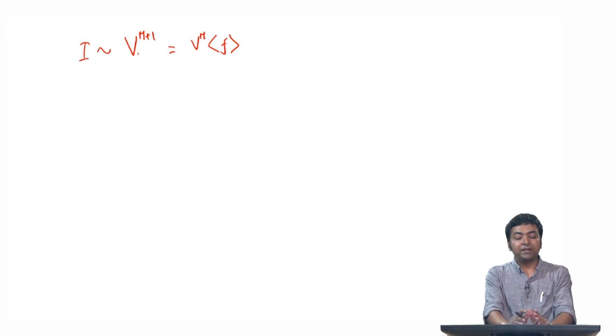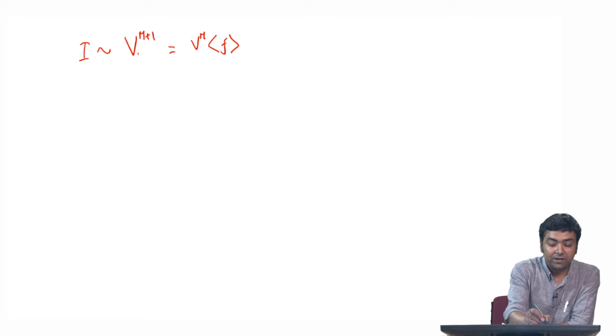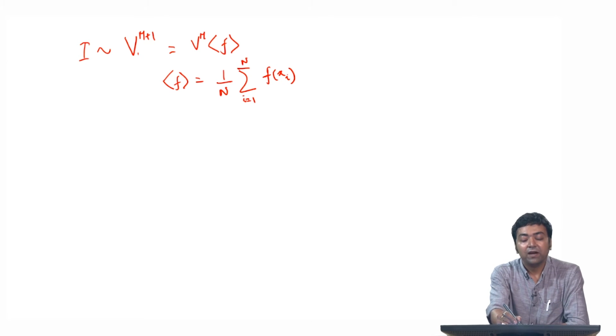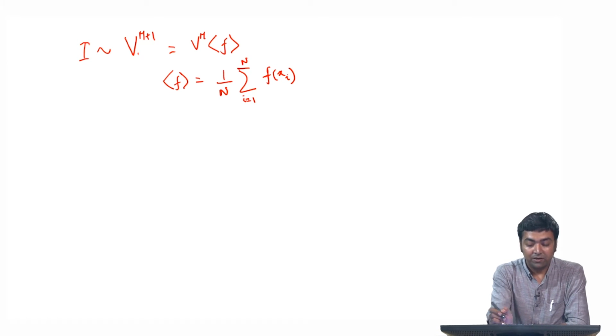If you would have done it with a grid based method, I would have computed this average on a predetermined set of grid points given by N, and then summed over x i, evaluating the value of the function at each of the grid points.